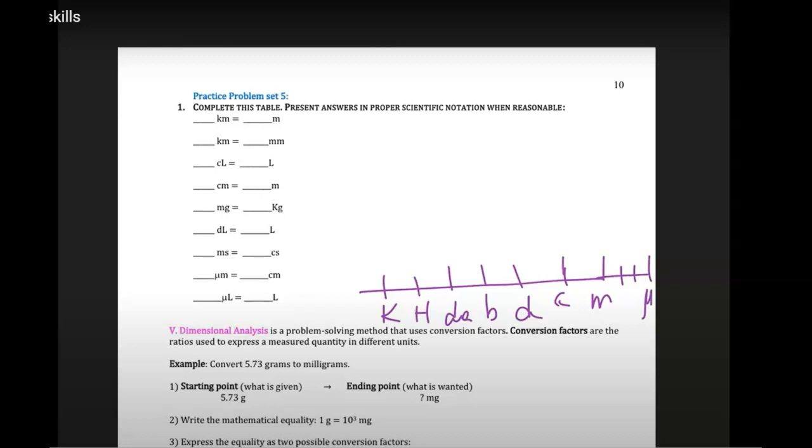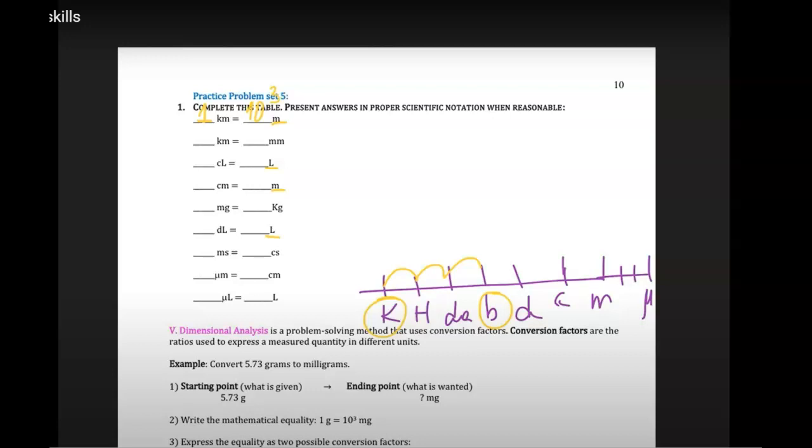So if it's asking you to compare a kilometer and a meter, what you have to do is find your kilo and your meter, which would be a base. Again, you recognize bases because they don't have prefixes. None of those have prefixes, so that must be base. So we have a base, and then the one that's larger, put 1 next to it, and then count how many powers of 10. So it's 10, 100, 1,000. So it would be 10 to the third, or you can write 1,000, it's up to you.